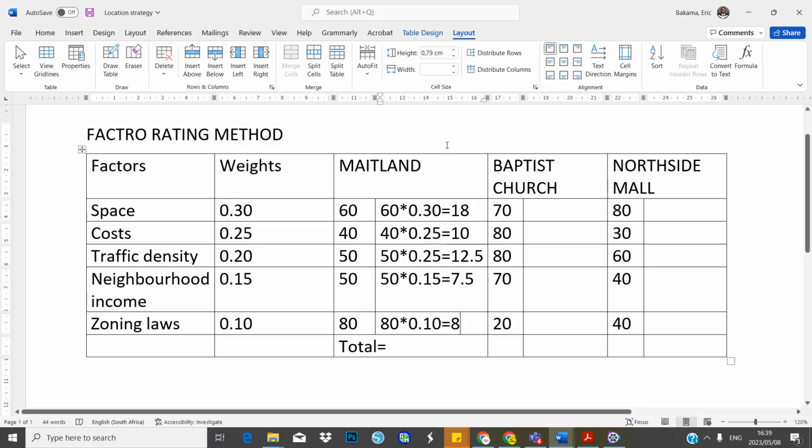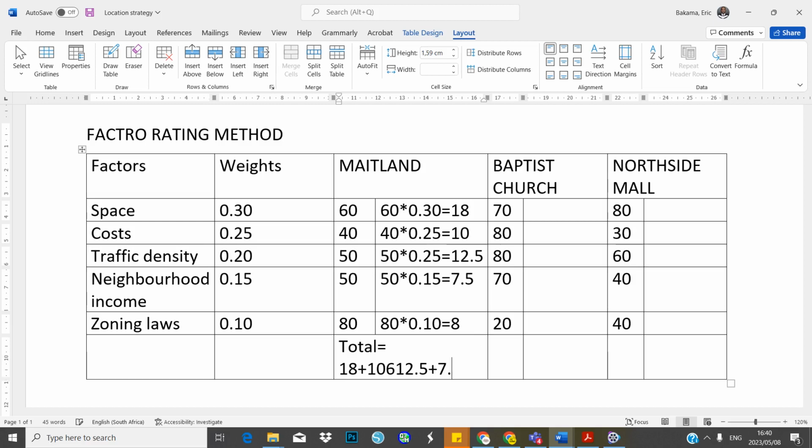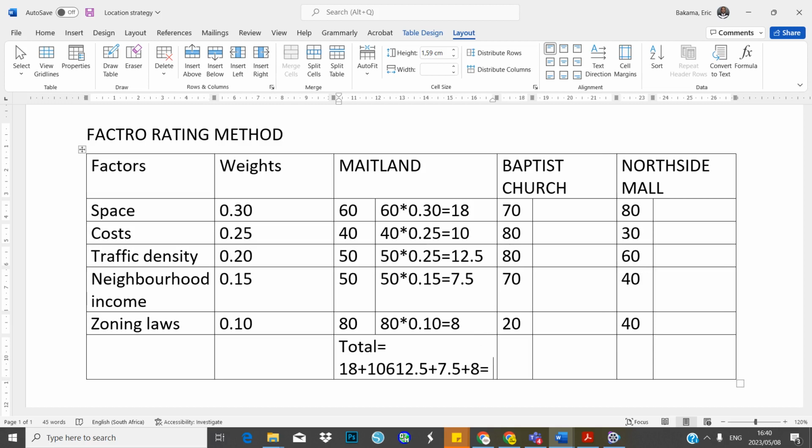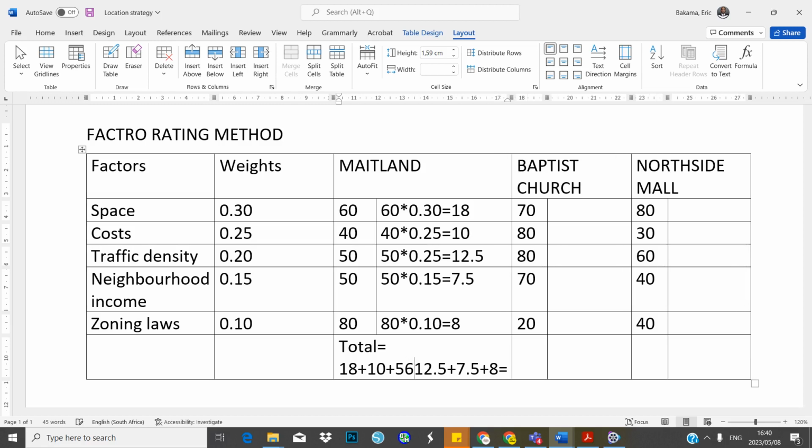Now based on that, I have to take the sum of all these items. Let me just write here 18 plus 10 plus 12.5 plus 7.5 plus 8. So the total is supposed to give me a value of 56, unless I'm mistaken.